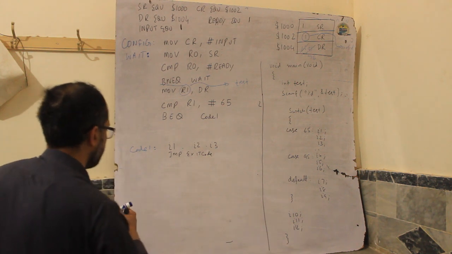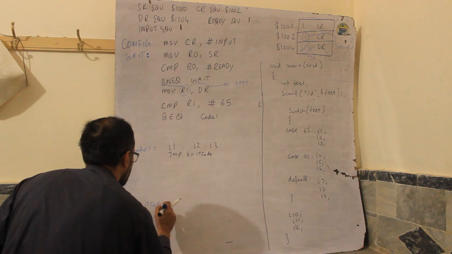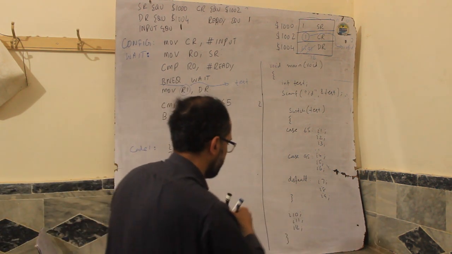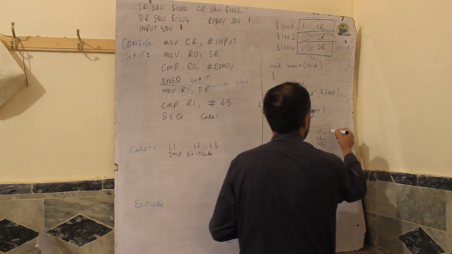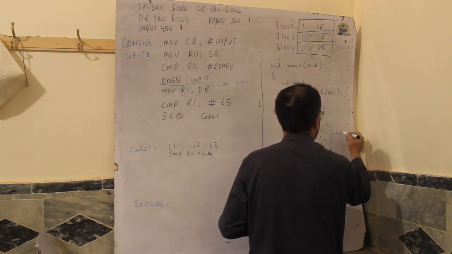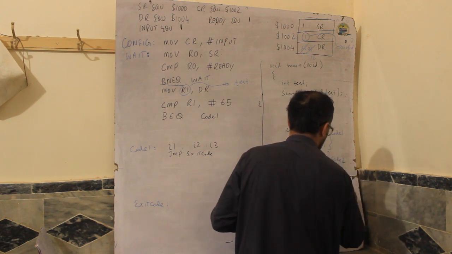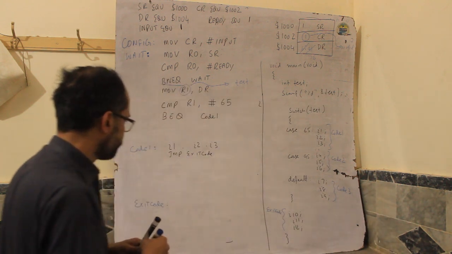So we can have another level of exact code. If you look at this, this is exact code. This is code 1, this one is code 2, and this one is code 3.